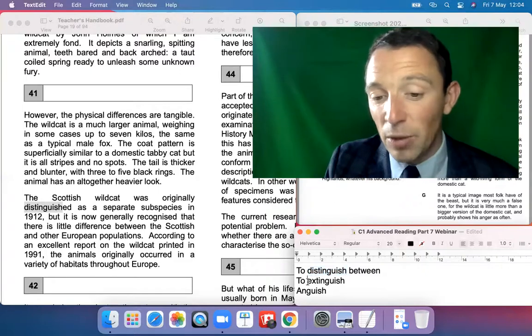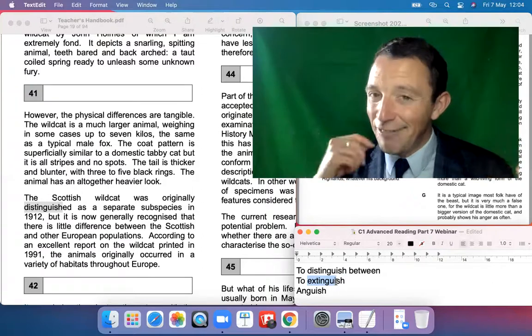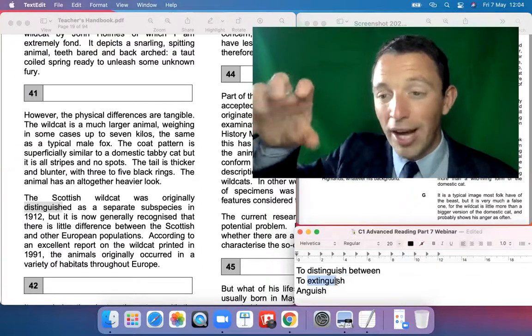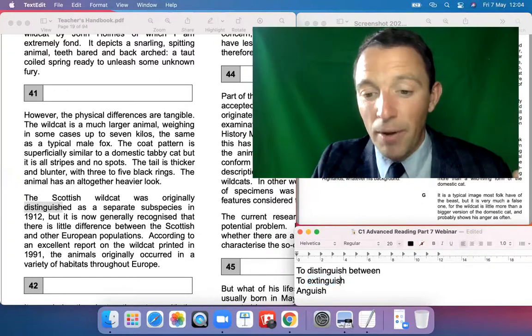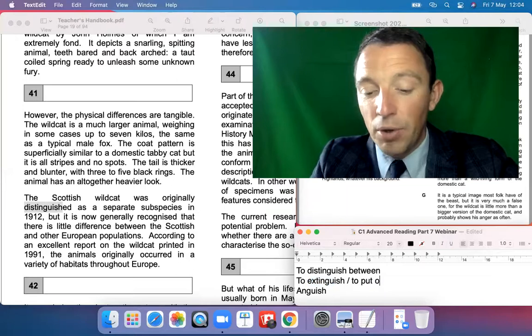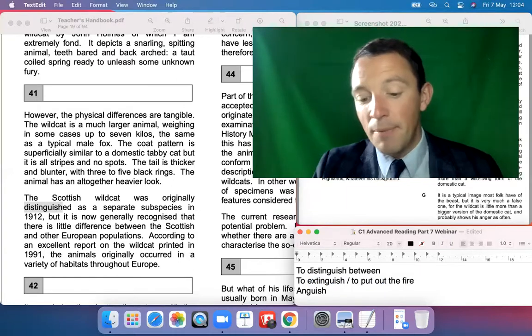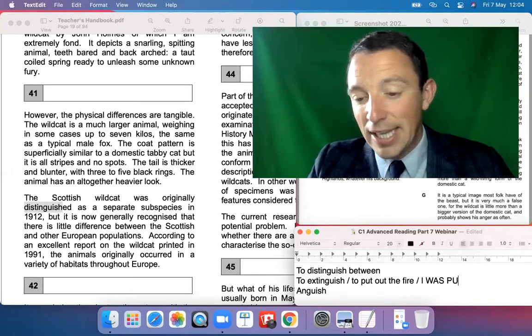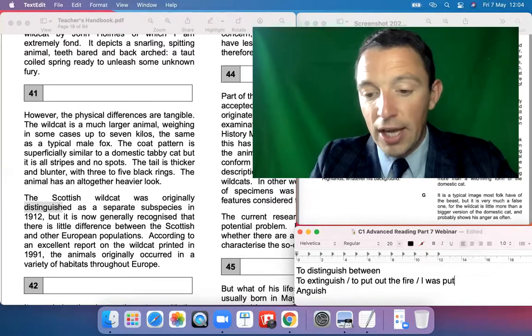Okay, extinguish is related to the fire. The phrasal verb we use in English is to put out the fire. If you want to put out the fire, the significance is to extinguish the fire, to stop the fire. But the phrasal verb is to put out the fire, and that's really, really good. Maybe you can say, I was put out, and that means that you felt a little bad for the situation.